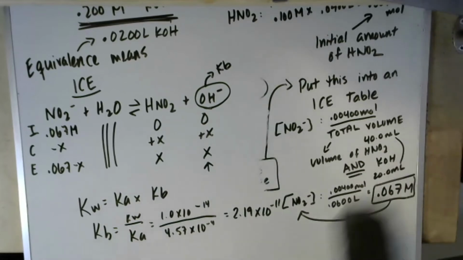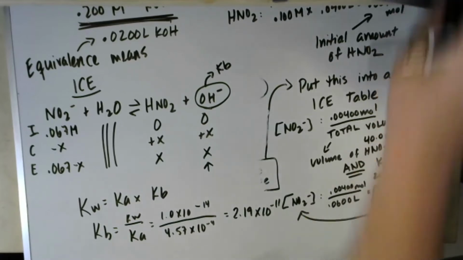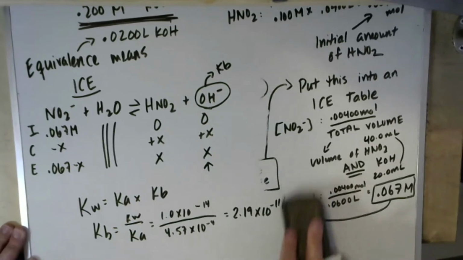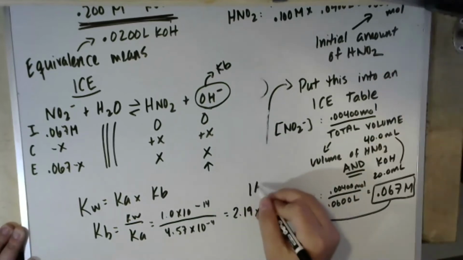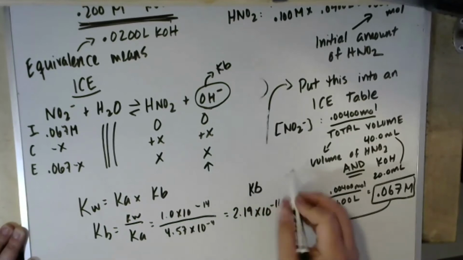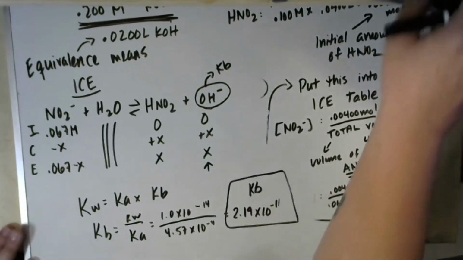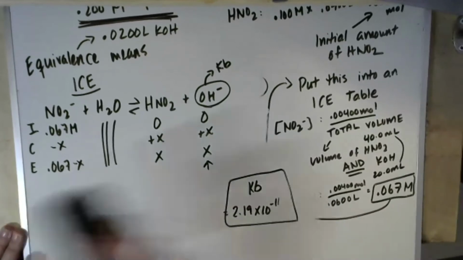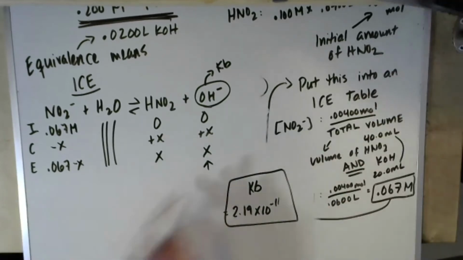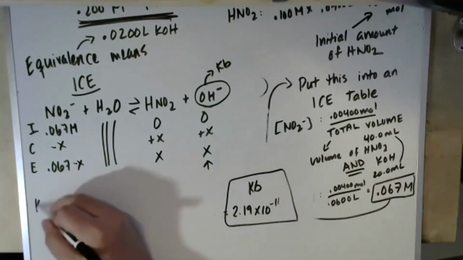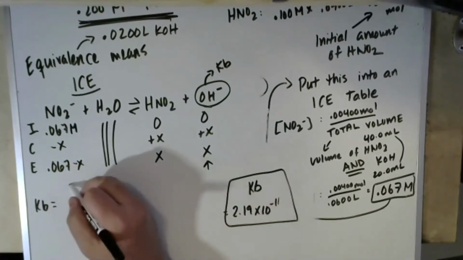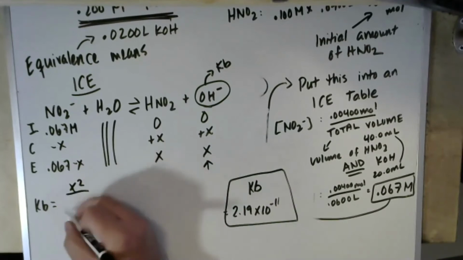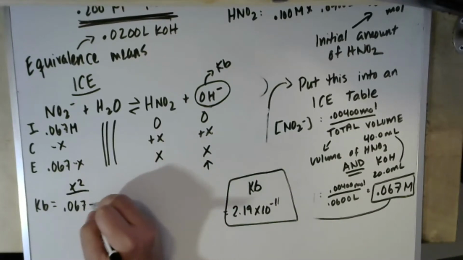Now that we have our Kb value, let me just actually label it a little bit. Now that we have our Kb value, now we can solve for our equilibrium row here. So Kb is going to equal x squared over 0.067 minus x.